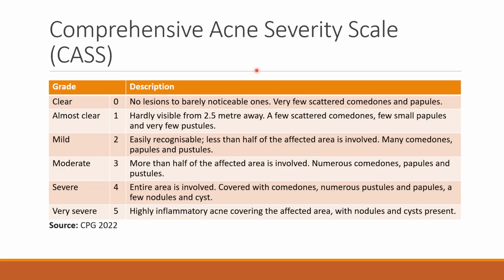This table shows you the criteria used to assess acne severity, called the Comprehensive Acne Severity Scale, according to the number of lesions and the area affected. As you can see here, acne can be divided into 6 categories of severity: clear, almost clear, mild, moderate, severe, and very severe.